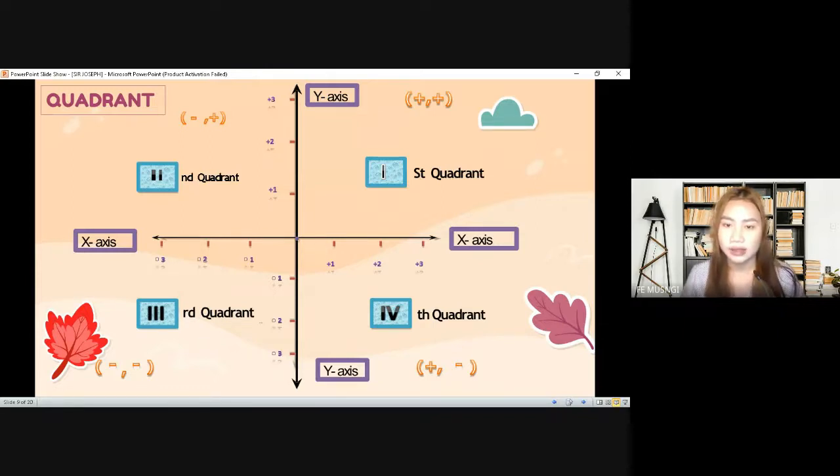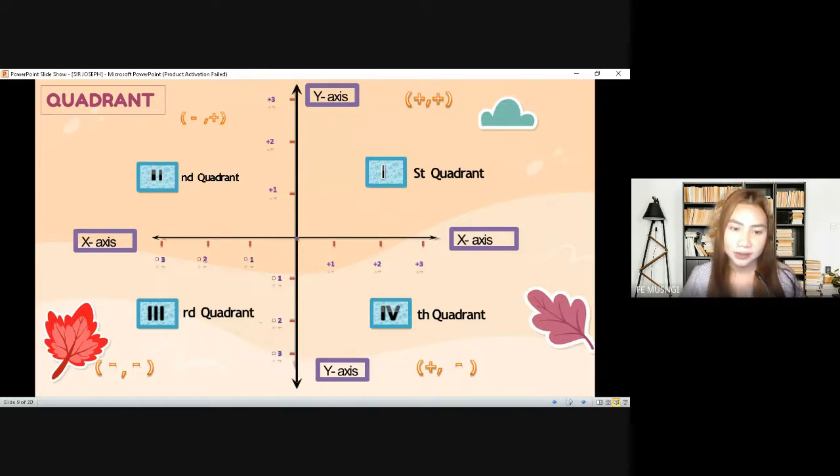Dahil nasa right part siya, which means it's positive, then yung y-axis natin is nasa upper part, so it means that it's positive, kaya nag-come up sa positive, positive. For the second quadrant, dahil nasa left part tayo ng x-axis and upper part ng y-axis, kaya siya naging negative, positive. Kasi ang left part ng x-axis is negative, ang upper part ng y-axis is positive.